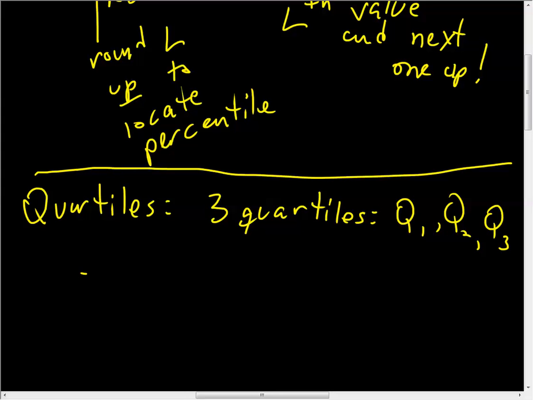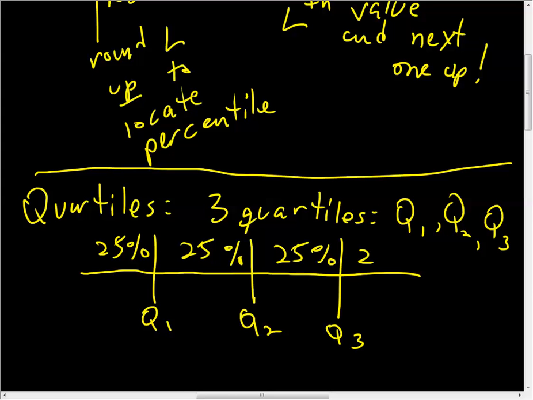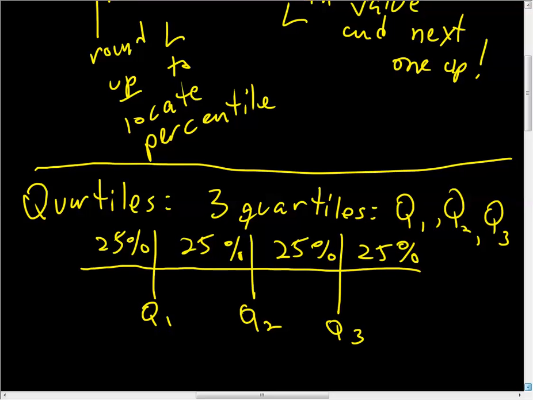And as you might predict, these three quartiles separate or partition the data into fourths, each containing 25% of the data.